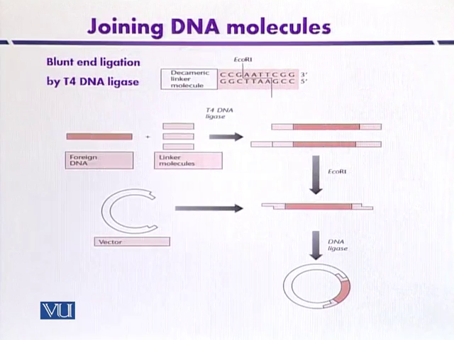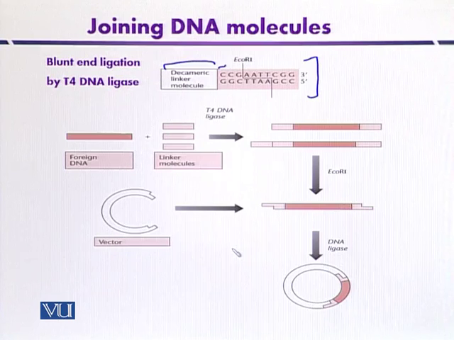This diagram will explain how blunt end ligation can be carried out by using T4 DNA ligase. Here we have a linker molecule called a decameric linker because it is composed of 10 bases, like C, C, G, A, A, T, T, C, C, G, and it also contains the restriction site for the enzyme EcoR1.